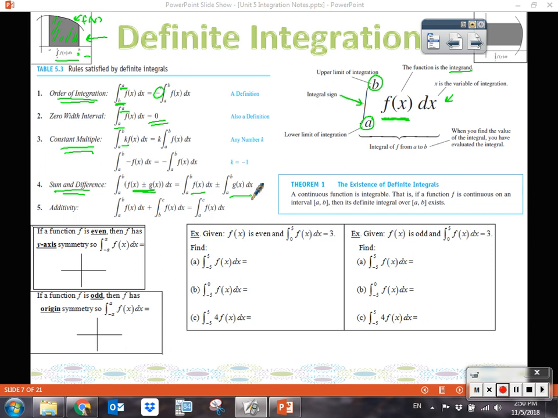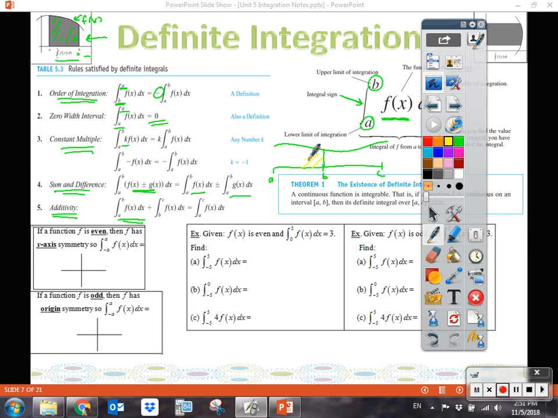This last one, the additivity, is one that just applies to definite integrals. And for me, I have to kind of draw this out. So I have a, and then b, and then c. What this is telling us is, if I take the integral from a to b, so let's say there's a curve up here, some kind of function.